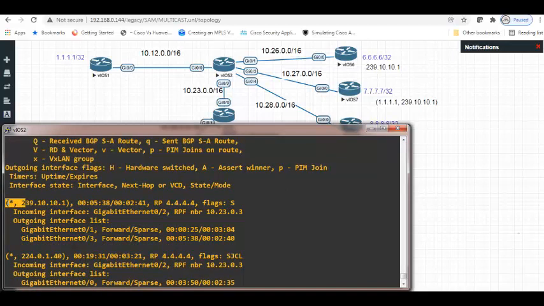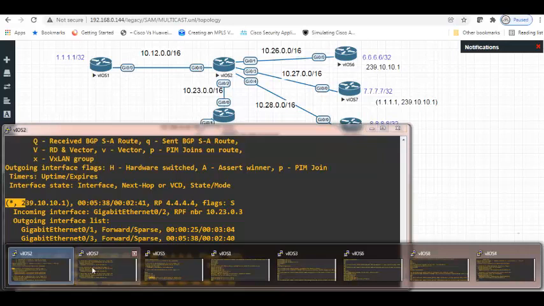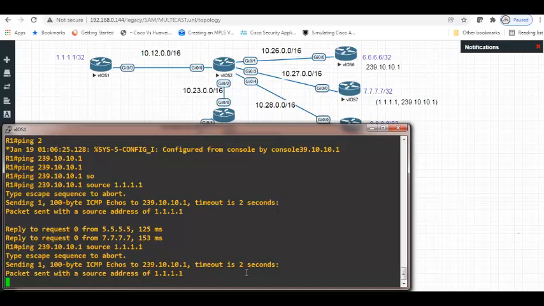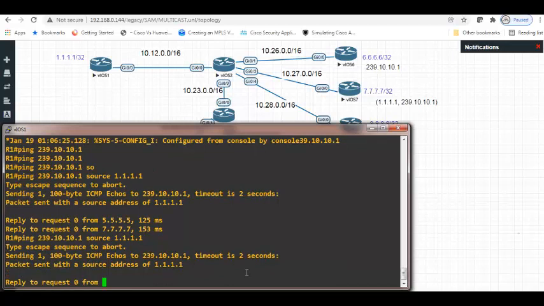Let's ping one more time and you will get the latest update. Ping again. Now you will be getting a response from 6, 7 and 5.